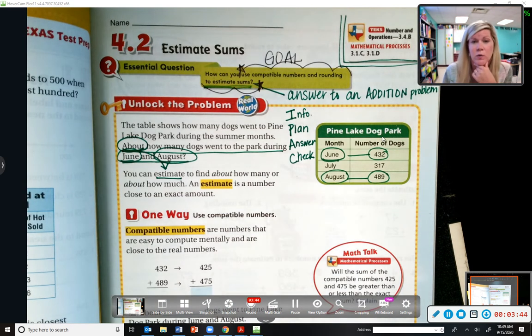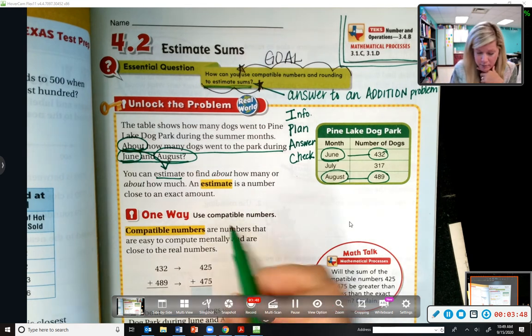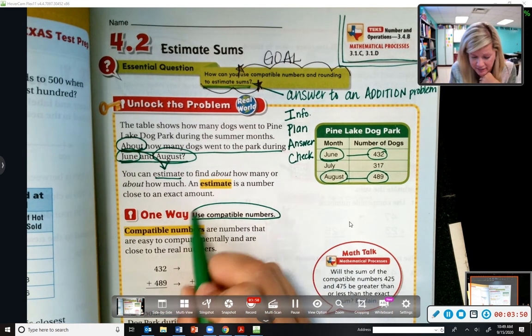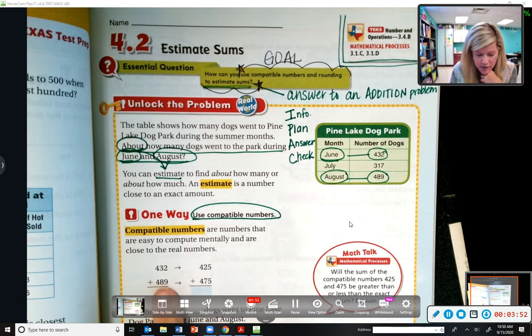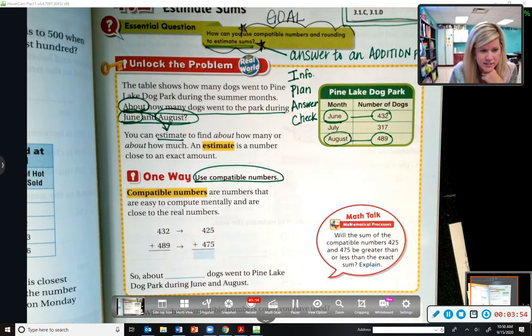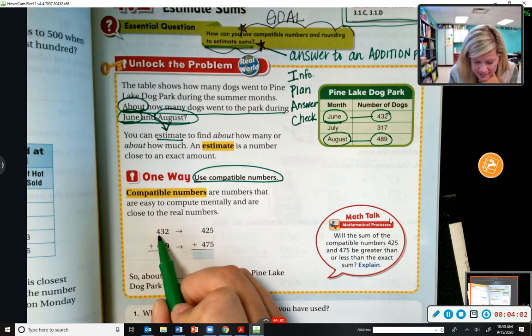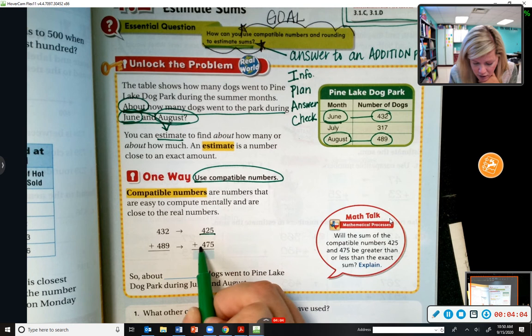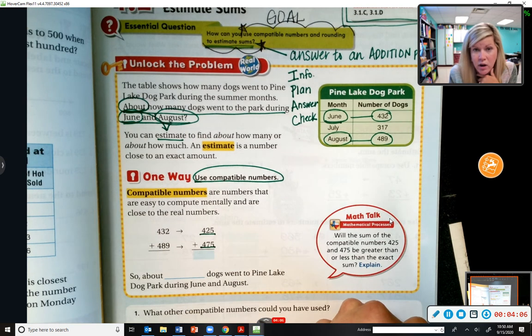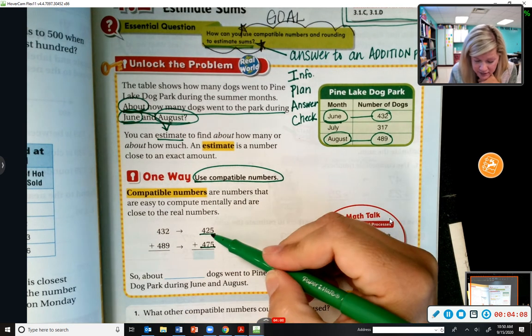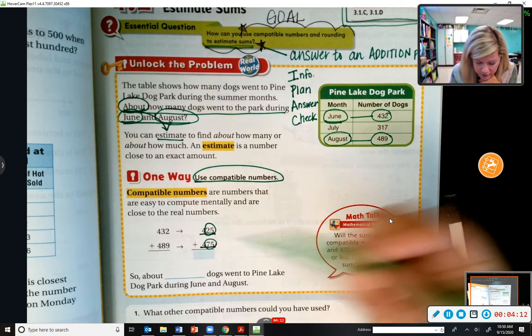Okay, so one way to estimate is to use compatible numbers. So let's look at that example first. They've already written the numbers for us that we're using, which is 432 and 489. Now, these numbers over here are not rounded. We call them compatible because I see the ends are a 25 and a 75.